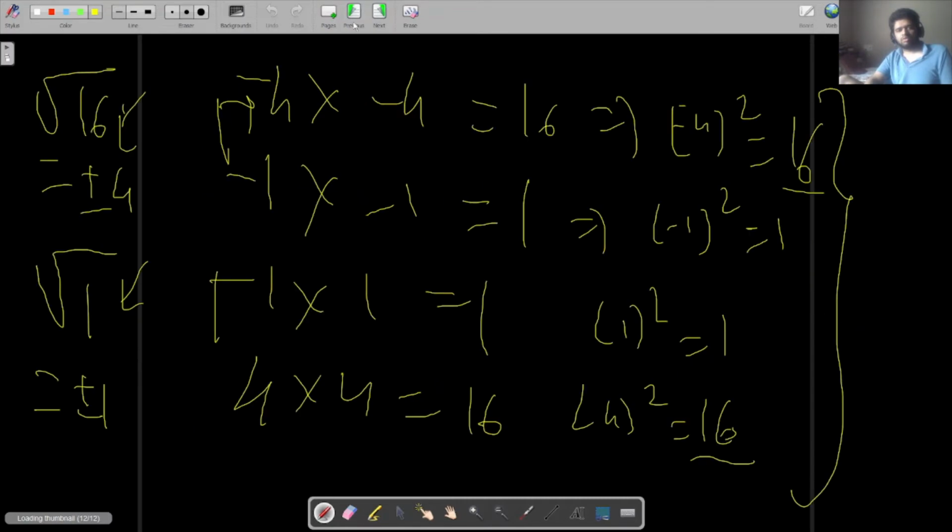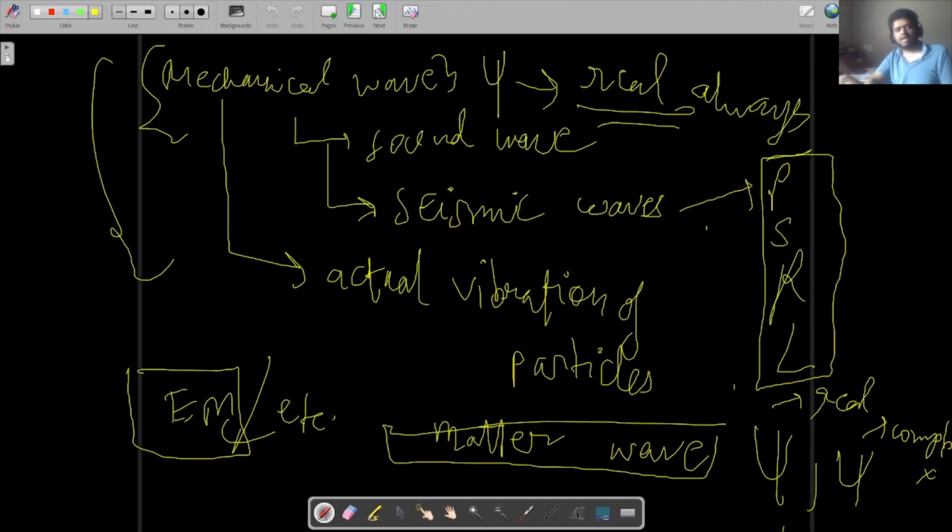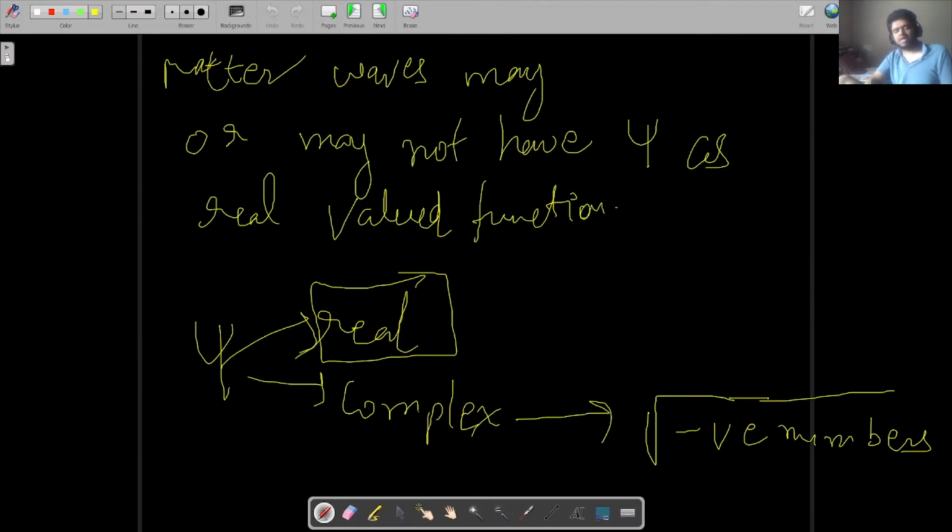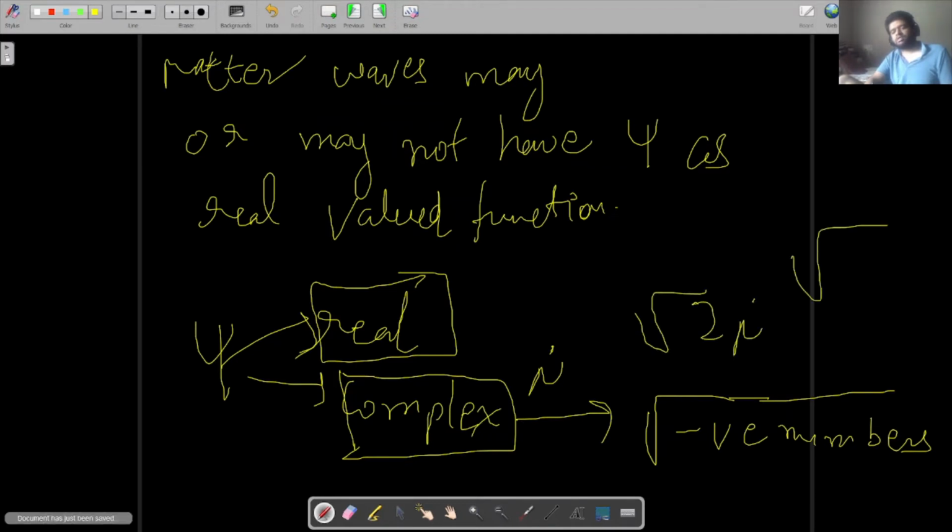So when I say that the wave function is complex, it just means that some iota term will be there in it. Iota term means square root of a negative number. Not only iota, it may be root 2 iota, it may be iota to the power 3 by 2, like that it may be there.